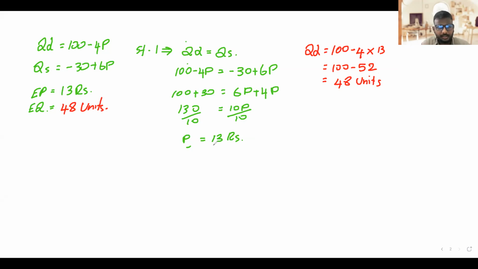Because 13 is the equilibrium price, and at 13 we know QD is equal to QS. Now I know at 13 QD is 48, so QS also has to be 48. Now just to double check, I'll put it in the QS equation also. Minus 30 plus 6 into 13 is how much? How much is that?